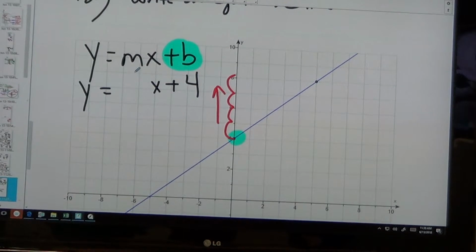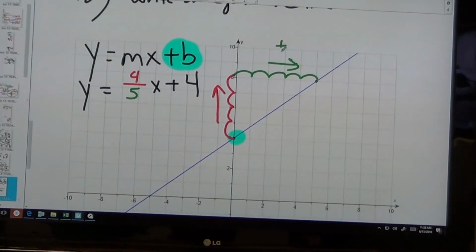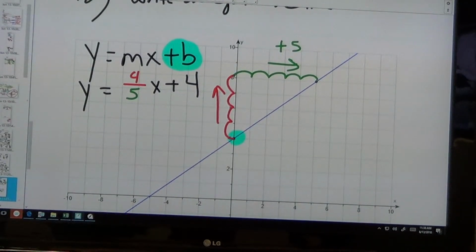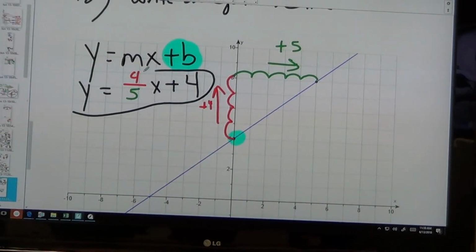Oh yeah, I was close, I was one number off. You're going to the right, so that is a positive 5, and you're going up, so that is a positive 4. And a positive over a positive is a positive. So it is y equals 4/5 x plus 4.